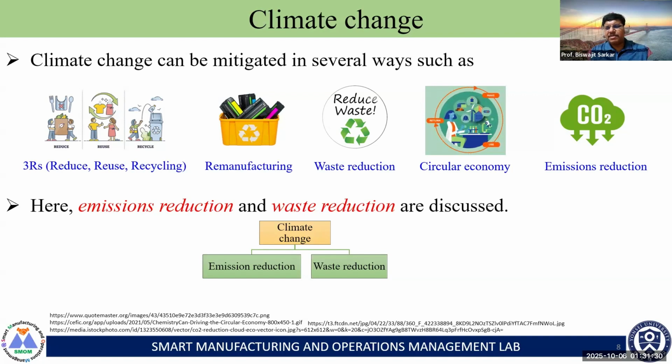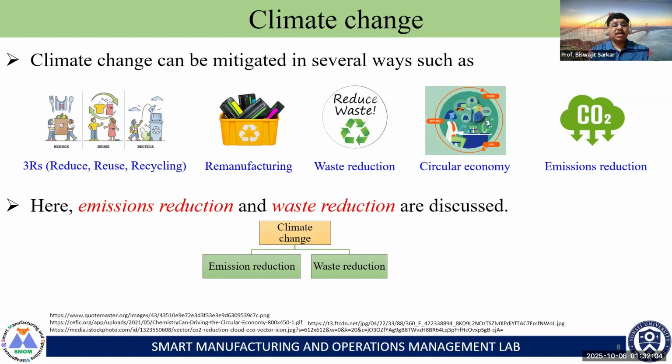So next is the emission reduction. The main task for emission reduction is that there are so many industries, and from there, a huge amount of carbon emissions are going on. And it is not only an industry issue. There are several places, several matters. Even we emit carbon also. So this emission is the issue, and we are trying to reduce it.